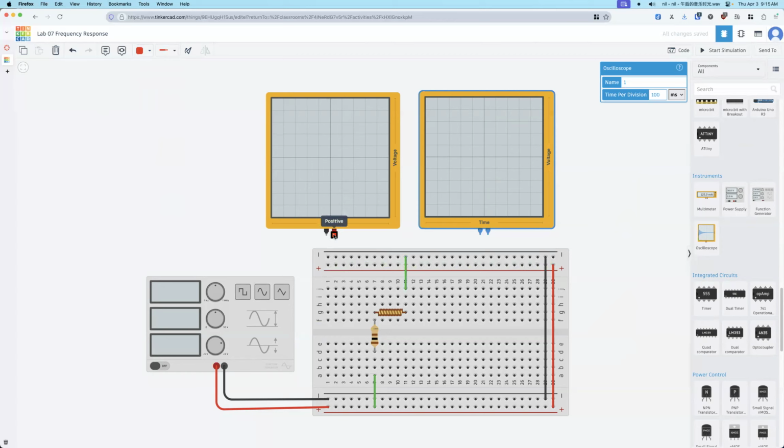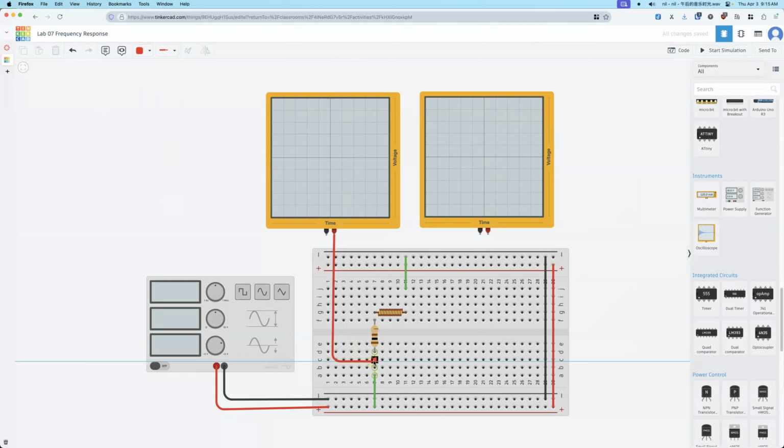The left oscilloscope will measure the voltage across the resistor. Then this one goes to this point.